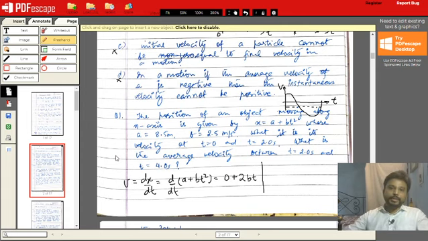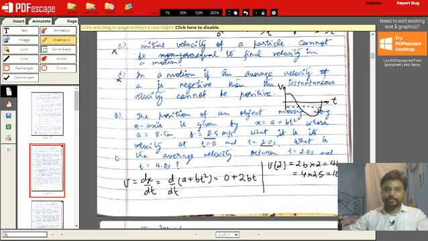At t equal to 2 seconds, we substitute the value of t. The velocity of the particle at 2 seconds would be 2b into 2, that would be 4b. Now we can use the value of b which is given in the question, which is 2.5. 2.5 times 4 is 10.